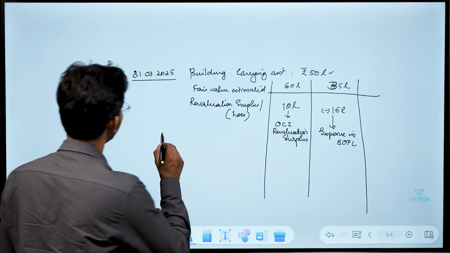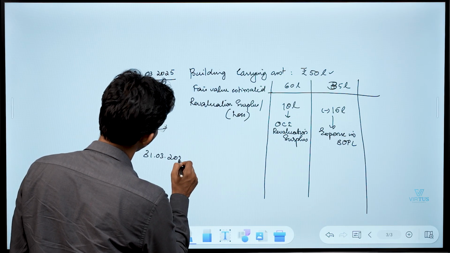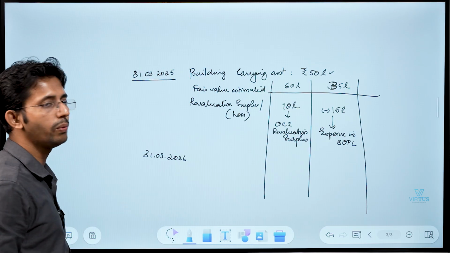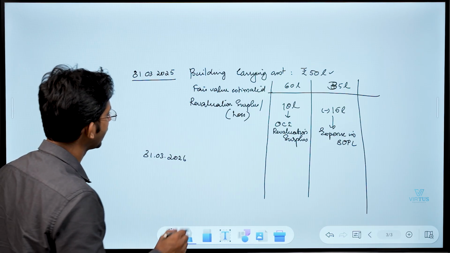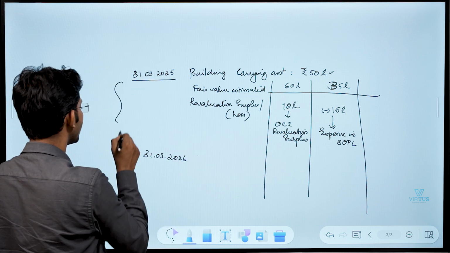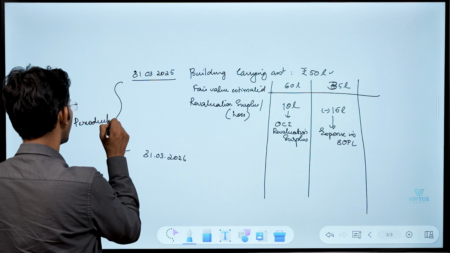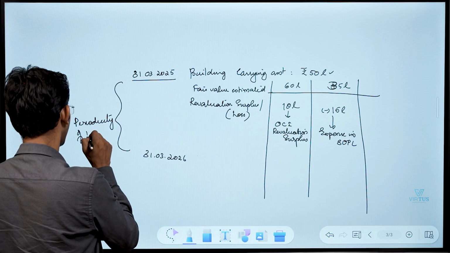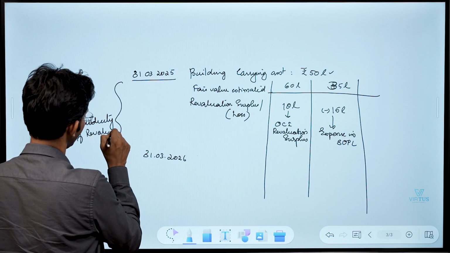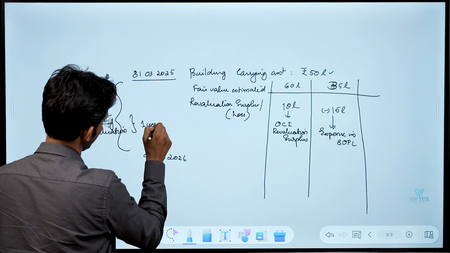Now what happens next year? On 31/3/2026, again suppose you revalued. The periodicity of revaluation, let us say, is taken to be 1 year.